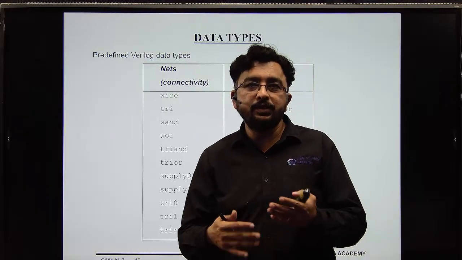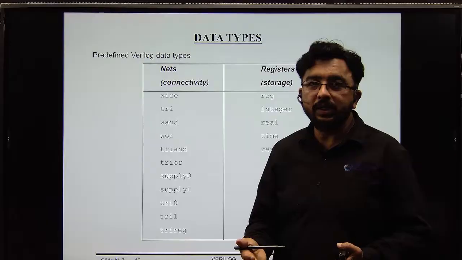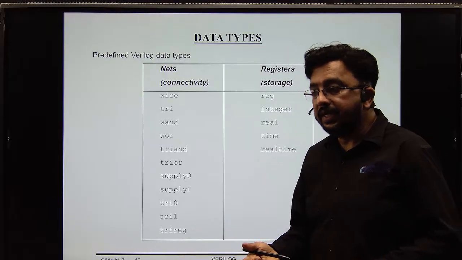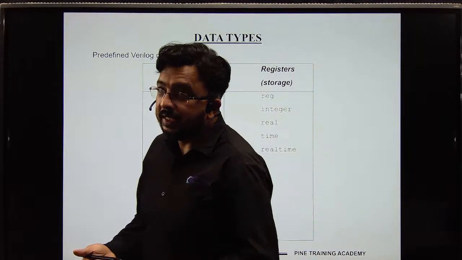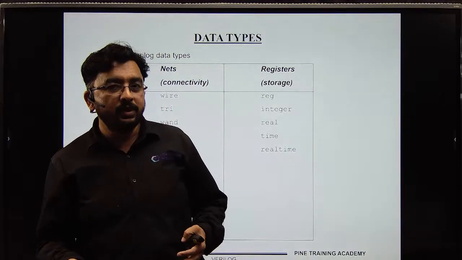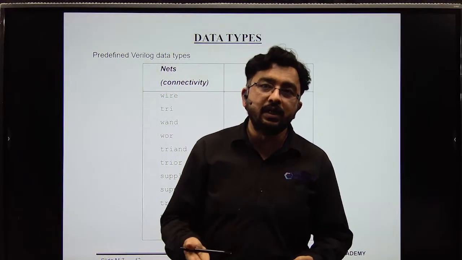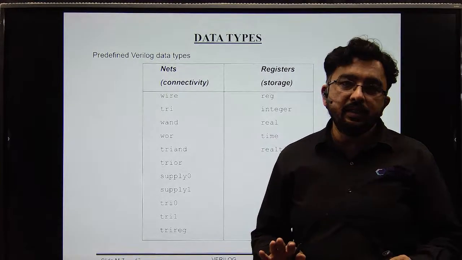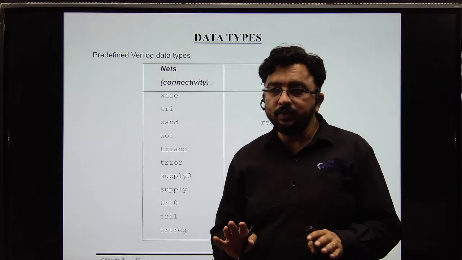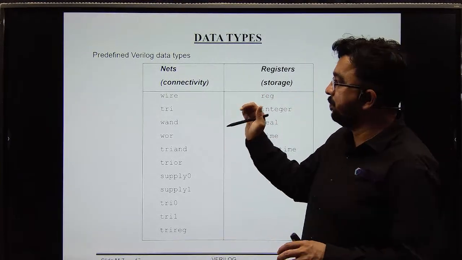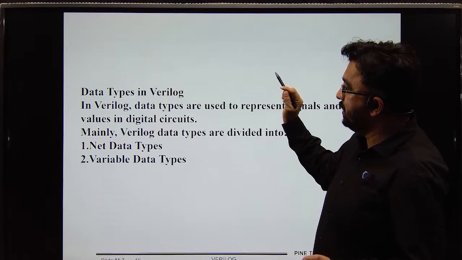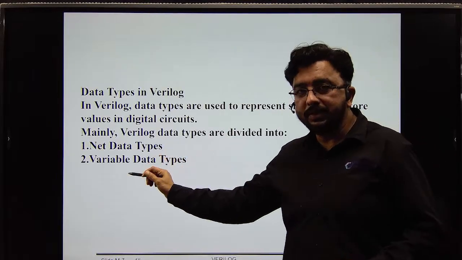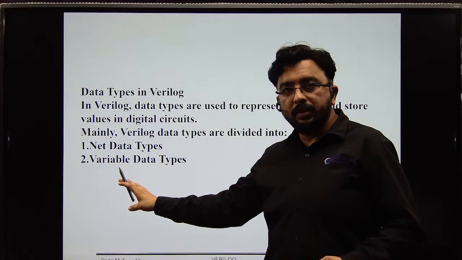So that is the meaning of variable. In some books it is written as variable data types, in some books as register data types. So don't get confused. Very simple. I have clearly mentioned here net and variable.